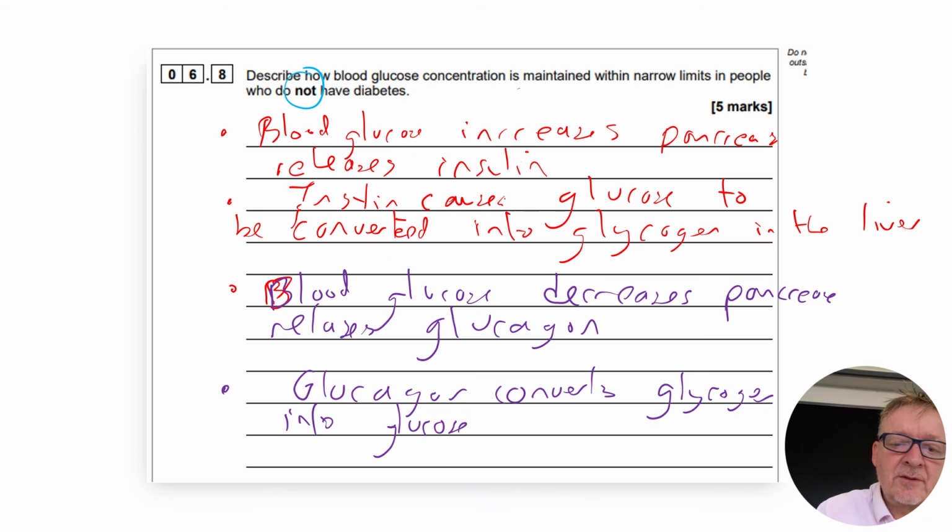Stupid loads of G words. Okay, so glucagon's a hormone. Glycogen is the store of glucose in the liver. Glucagon converts glycogen into glucose in the liver. So then what? Blood glucose increases.